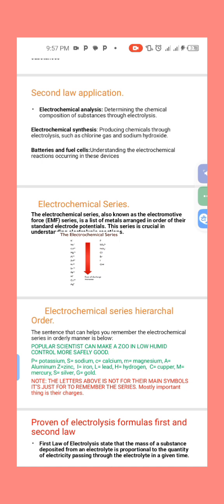Then we have the electrochemical series. If you want to calculate electrolysis questions, one of the major things that we need is the electrochemical series, in which every student that wants to solve electrolysis questions needs to know the position, the way they are arranged. There are many.